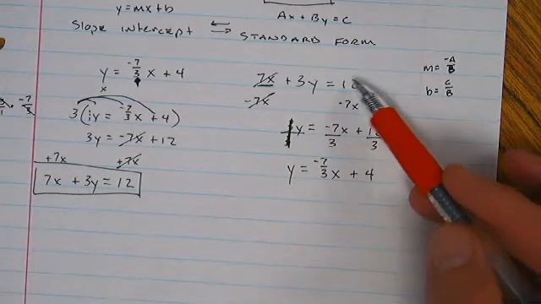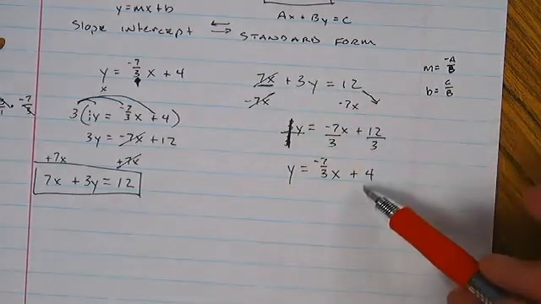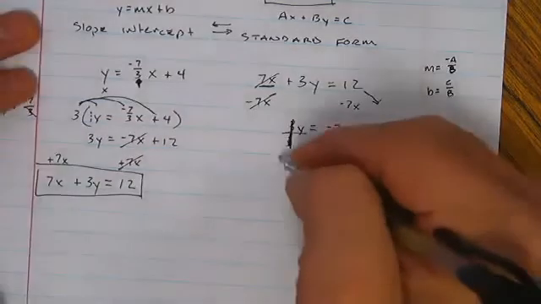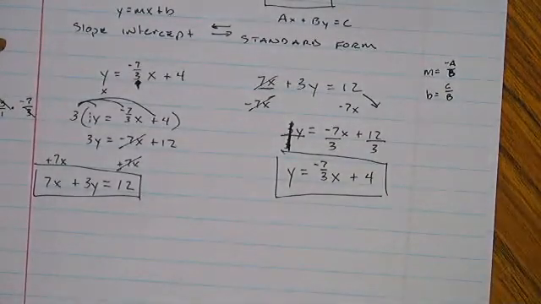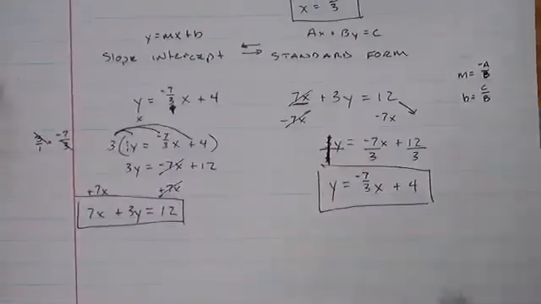C over B is 12 divided by 3, positive 4. So we can jump right over into slope-intercept if we remember those little tricks. But again, you have to commit them to memory. You can't just rely on them and then forget them, because then they're not there.